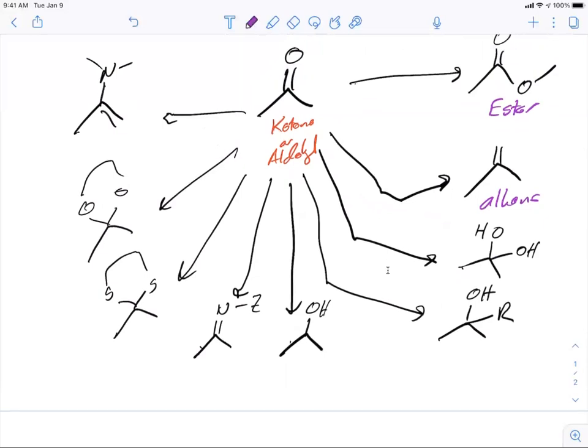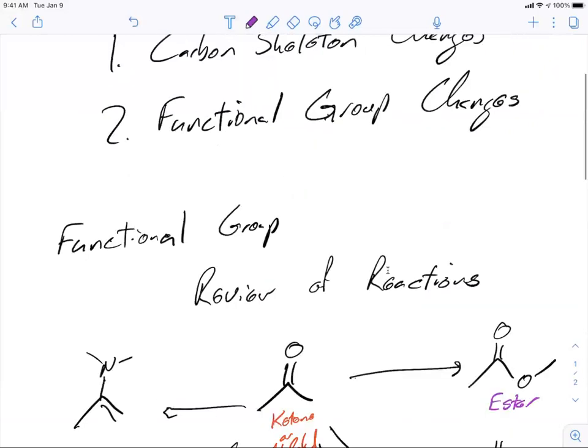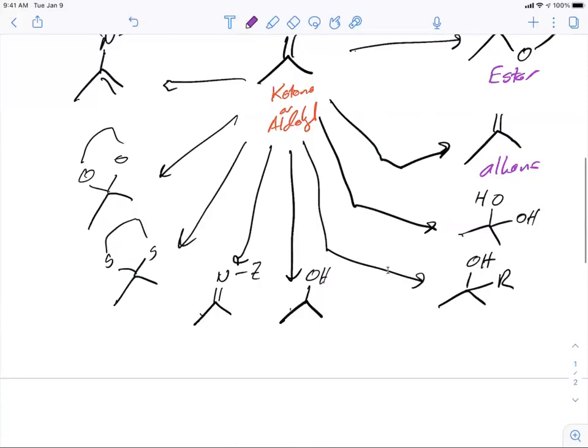For each of your functional groups, the textbook has this, and it's a good thing to know, especially for functional group changes. It allows you to know where you can go. So here's a hydrate. Here is addition of a carbon.